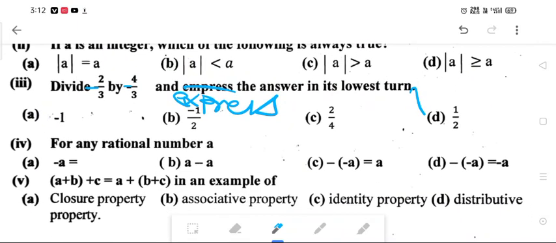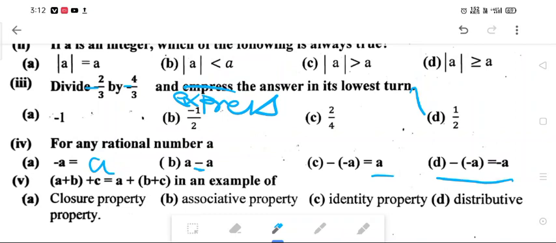The next is for any rational number A. Sorry, this will be minus A is equal to A, or minus minus A is equal to minus A. So these are four options.